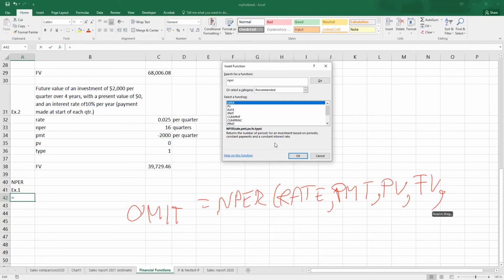You just put a comma and then close the parenthesis in this case, or you may just finish at FV and then close the parenthesis. It means you omit the type as well. If you omit the type, it means that Excel takes the type as 0. 0 means pay at the end of the period.